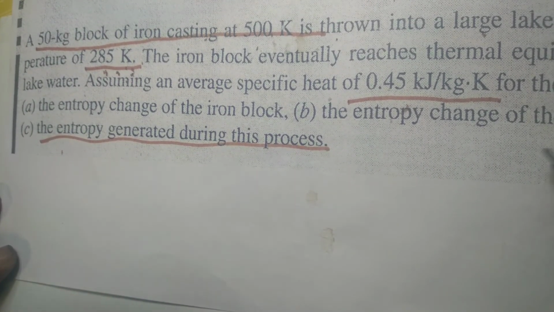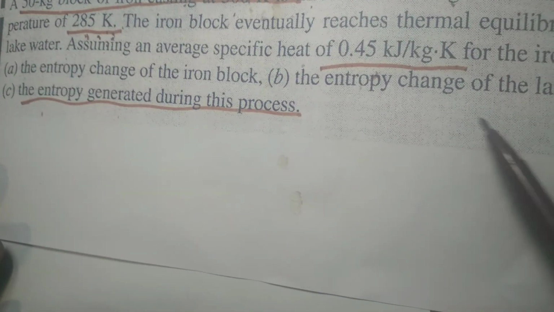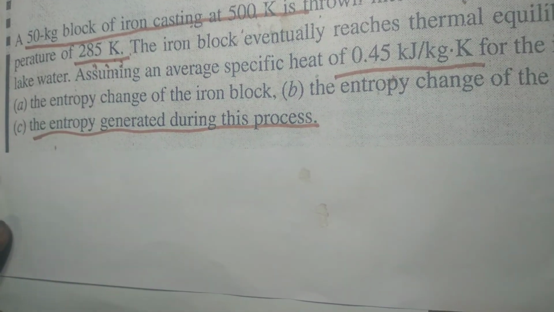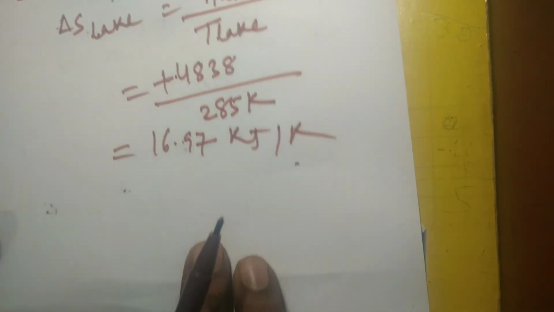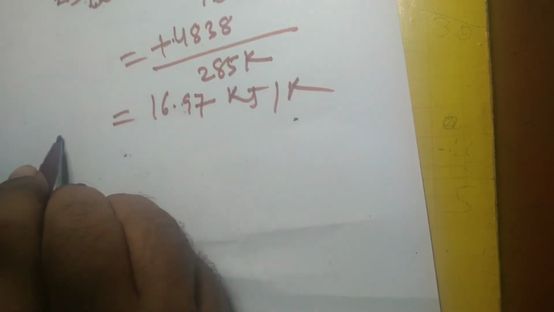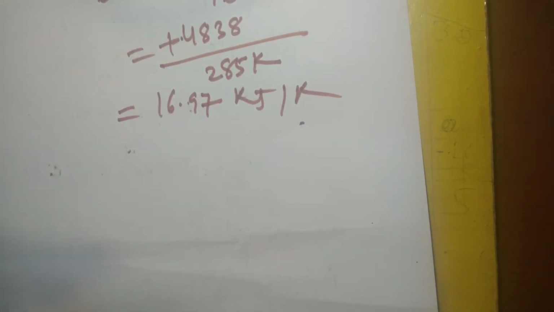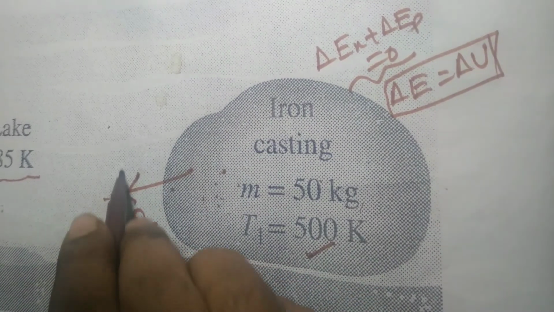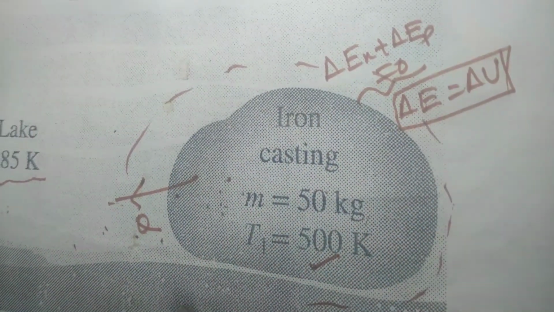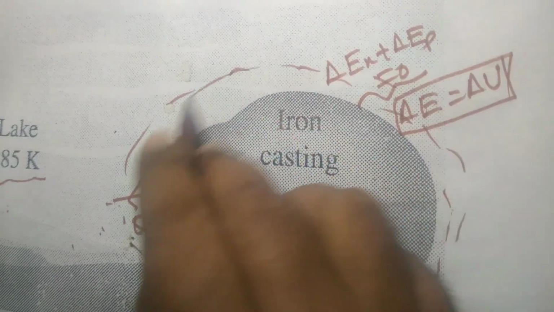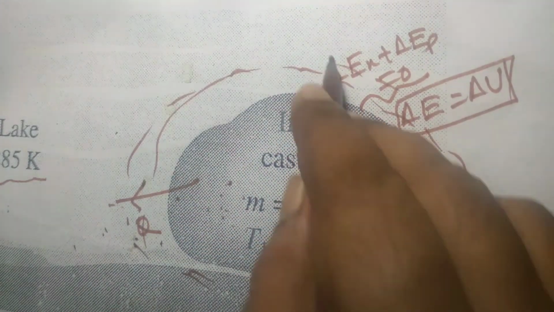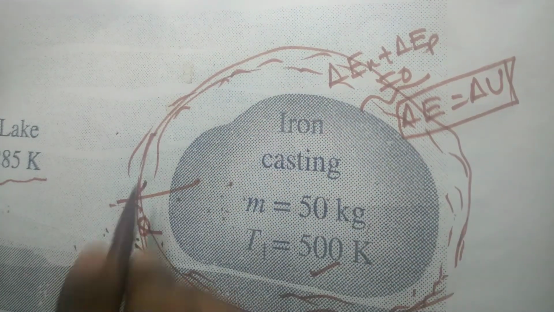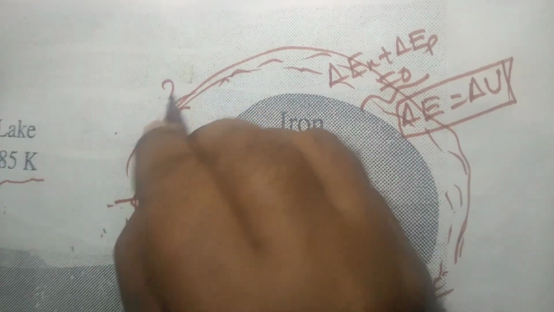Not only in the iron block, nor in the lake water, but the total entropy generated during the process we have to calculate. For that purpose, we have to take the extended system into consideration. The extended system is not only the iron block, but also the immediate surroundings. Some surrounding will be taken under the analysis. This will be our system, and the boundary temperature will be 285 Kelvin.